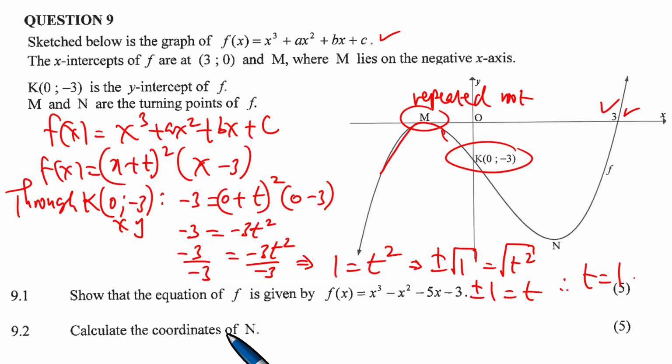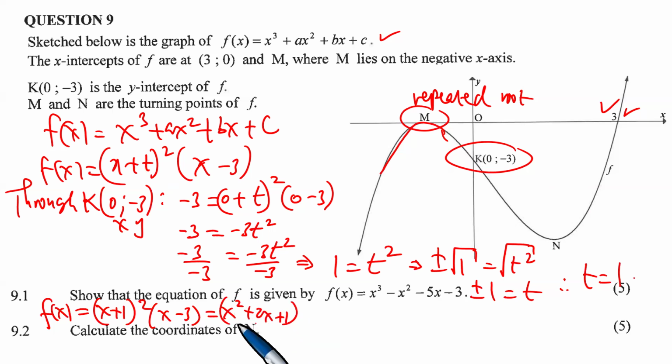Okay. If t equals 1, then we have f of x is equal to, here you put t equals 1 in this formula. So this is going to be plus 1 squared, and then x minus 3. X squared plus 2x plus 1, x minus 3.